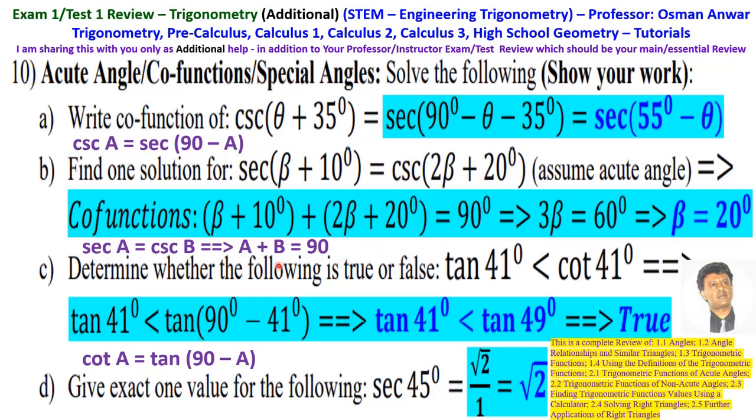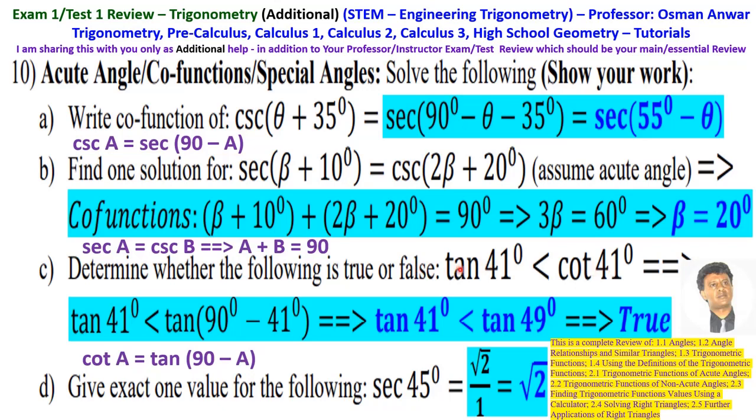And that is 30 plus 60, they add up to 90. Number C is determine whether the following is true. Tan 41 degree is less than cotan 41 degree. So this is comparing apple to orange, which you cannot do.